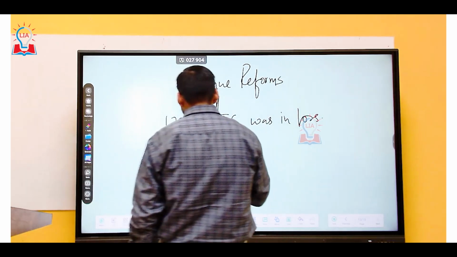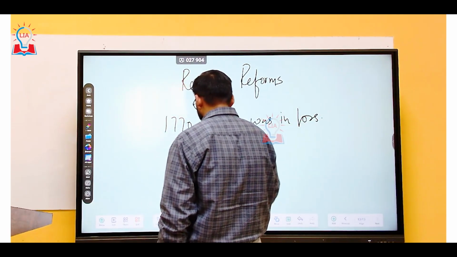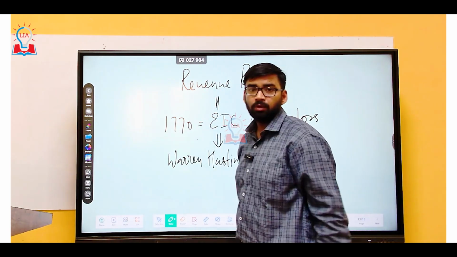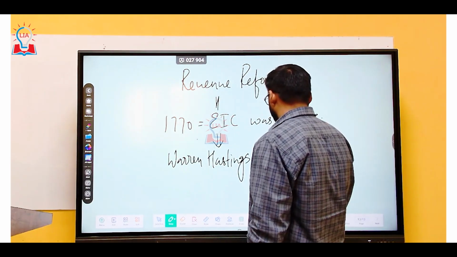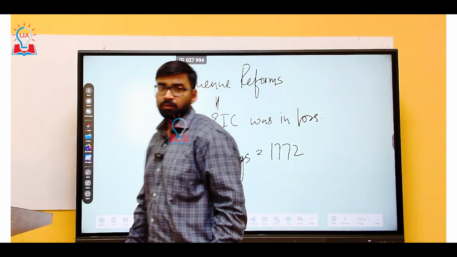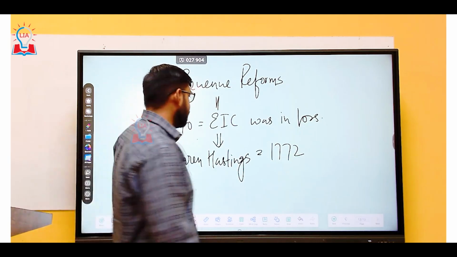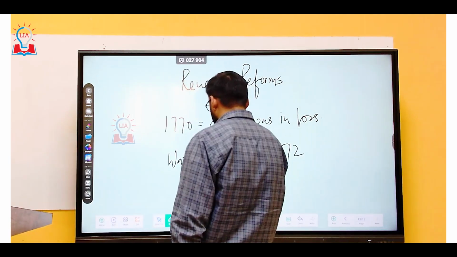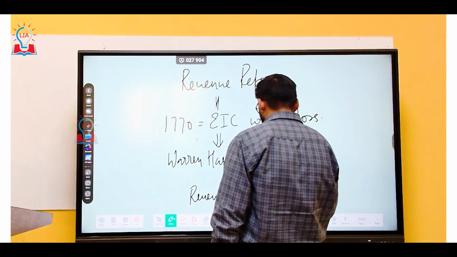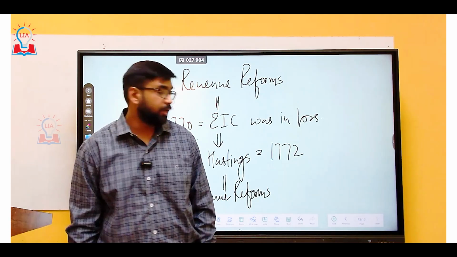So that is why Warren Hastings came in 1772, and he started revenue reforms. Now, what were those reforms?